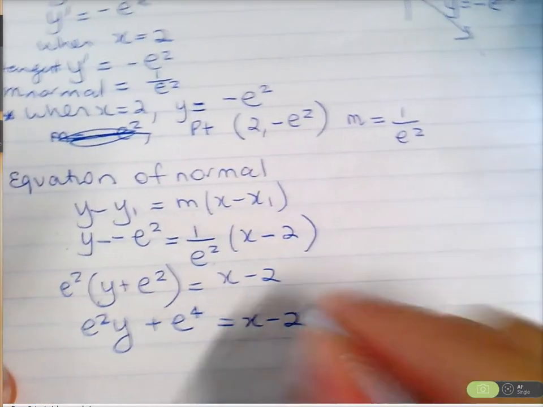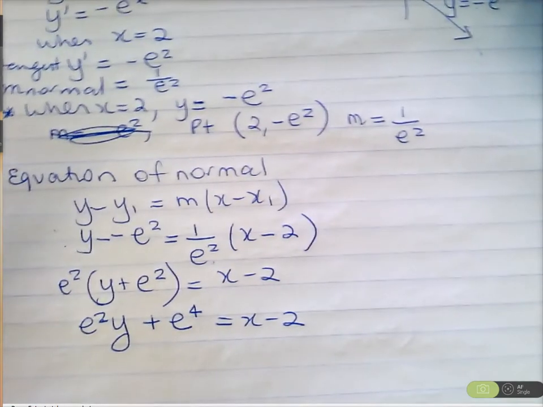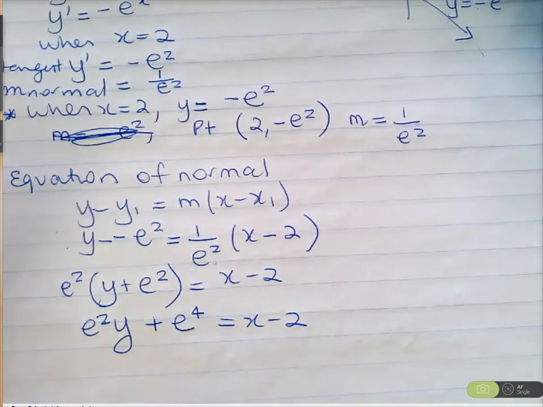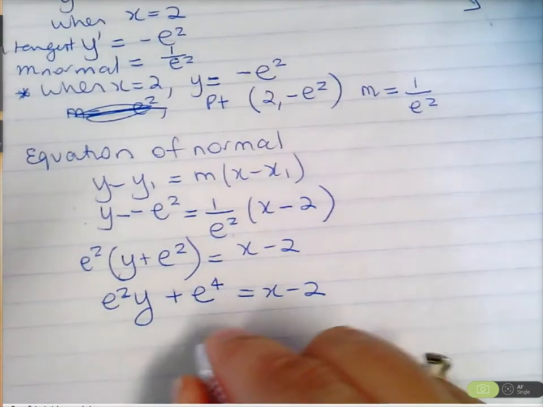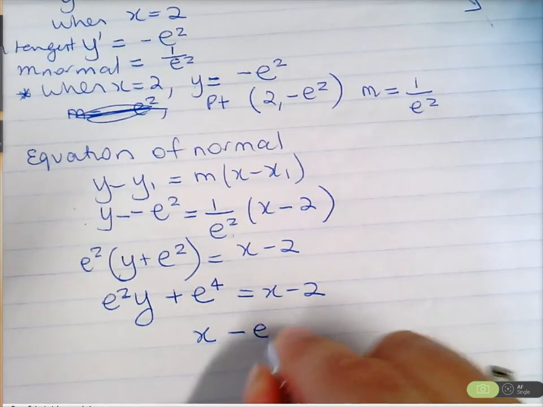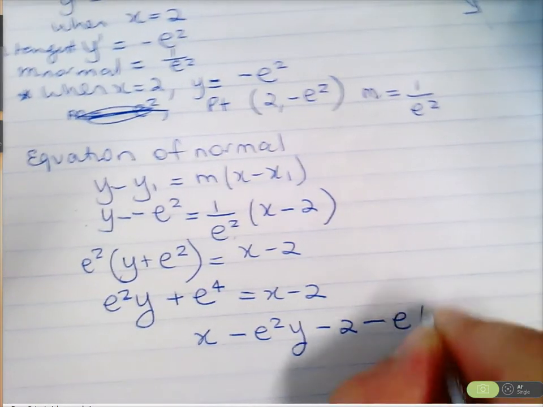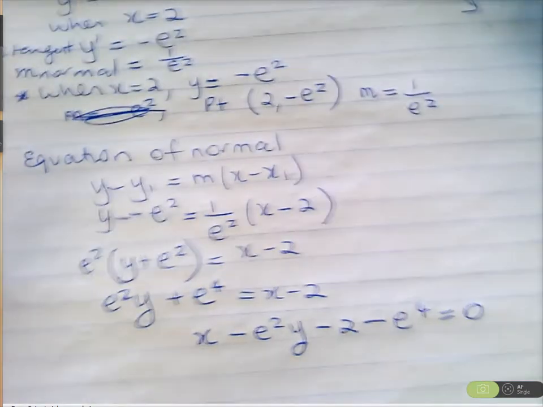Equals x minus 2. Now, if I want it in general form, the x must stay positive. Everything over to the right. So it's x minus e squared y minus 2 minus e to the 4 equals 0.